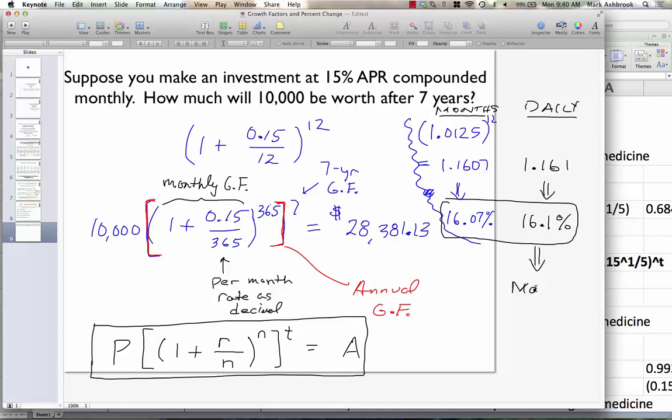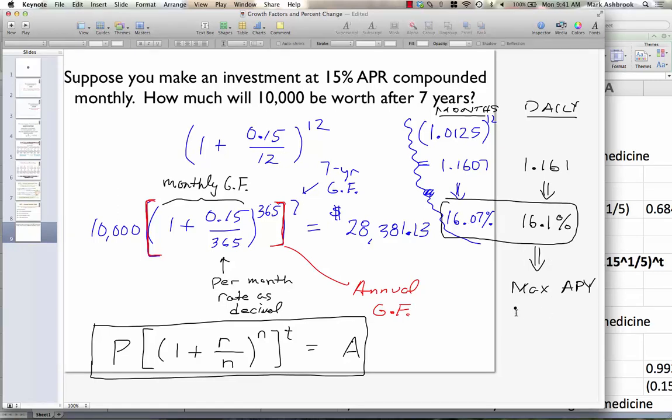So the max APY, how often would we need to compound to get the maximum APY? Fractions of a second, he said. So we got daily, we could do hourly, we could do every minute, we could do every second, we could do a fraction of a second. So we can just keep cutting it up as much as we can.